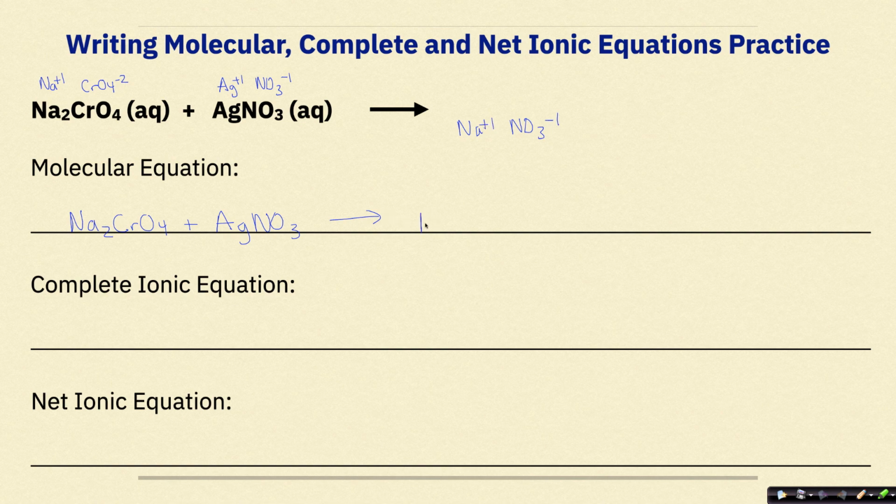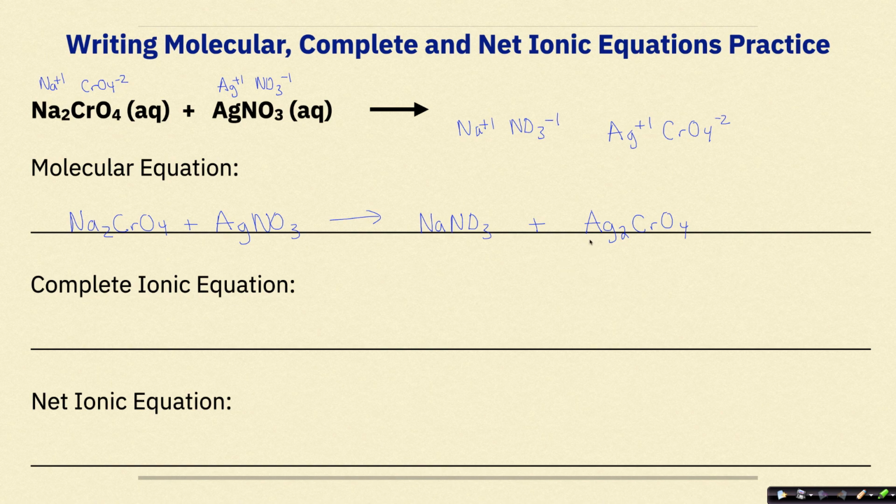That just means this is going to be NaNO3 plus, and then my other two ions are Ag+1 and CrO4 -2. I'm going to cross those down. No positive, no negatives, no ones. And my other product is Ag2CrO4.